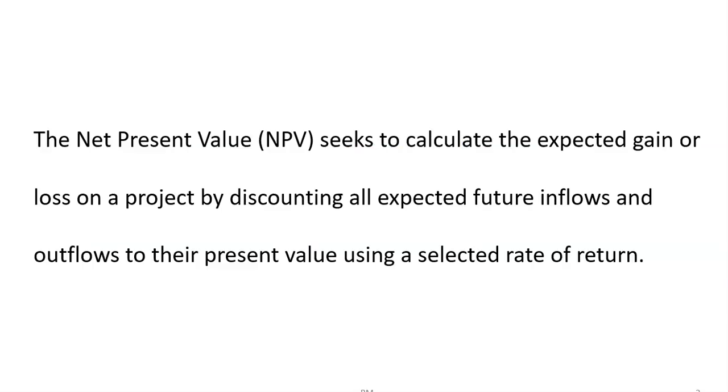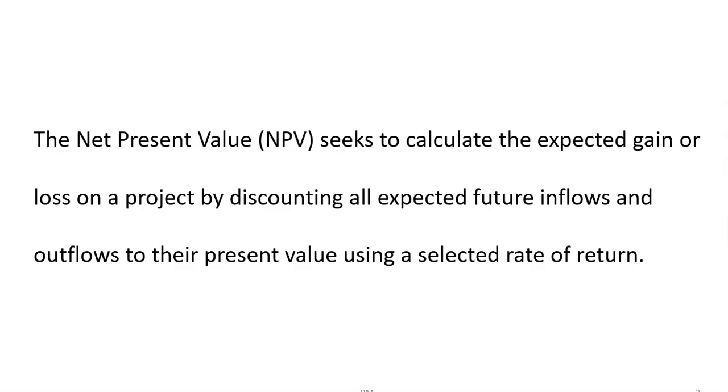Now, the net present value, what we call NPV, seeks to calculate the expected gain or loss on a project by simply discounting its expected future inflows and outflows to their present values using some selected rate of return.